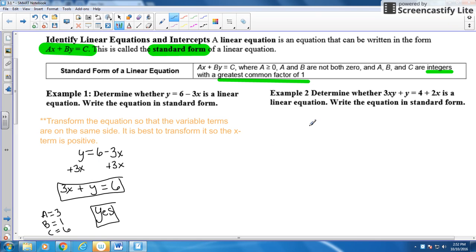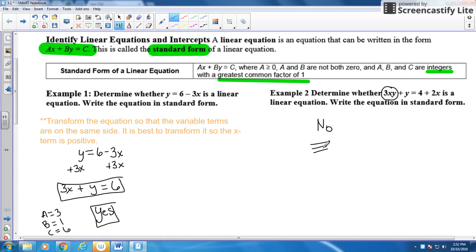Now in example 2 over here, we have x's and y's, true, but in this term right here, I have x and y together in the same term. That is not going to allow me to transform it into standard form. So this would be no, not in standard form.